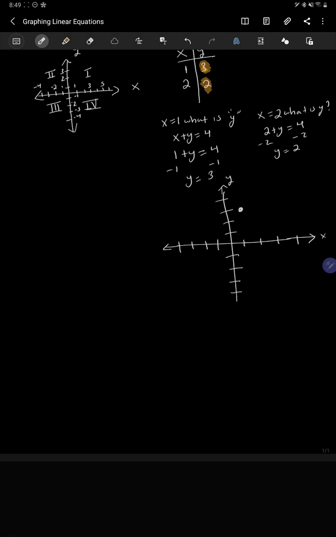Right there. That's our first one, 1, 3. And then we got 2, 2. So we go to 2. So remember, that's 1 and 2. Up 2. And here it is. And so now we can actually create our line. Cool. And so that's our line right there.